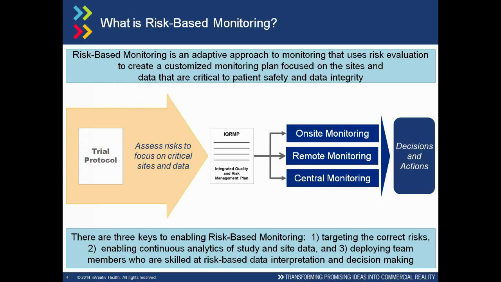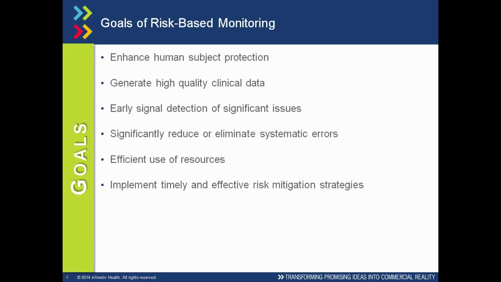So the goal ultimately is to identify those errors as soon as possible and eliminate them, so you don't run the risk of the trial going south. Also, you want to use your resources efficiently. That's another important goal of risk-based monitoring. And finally, you want to implement timely and effective risk mitigation strategies with your clinical trial.